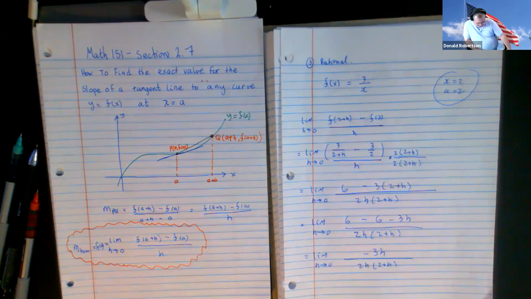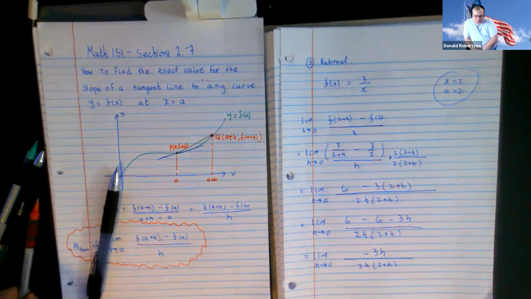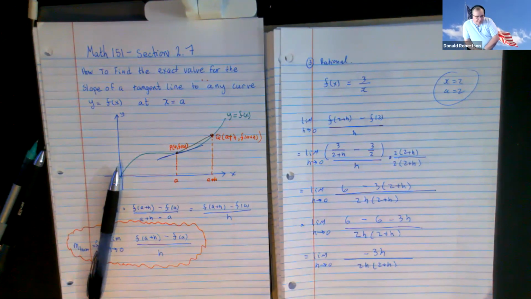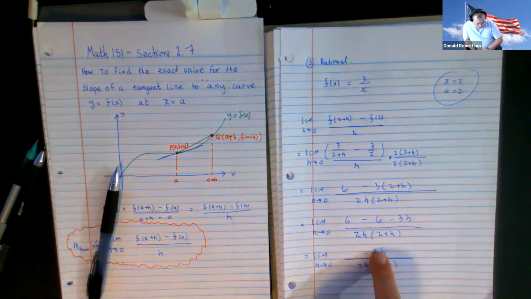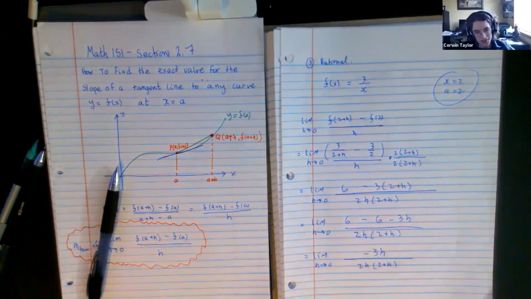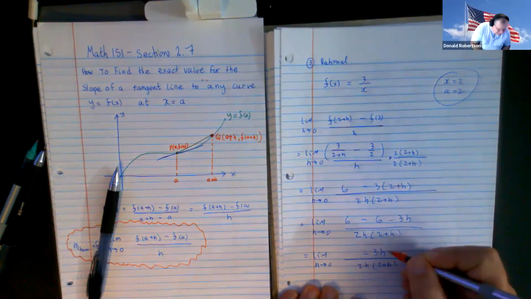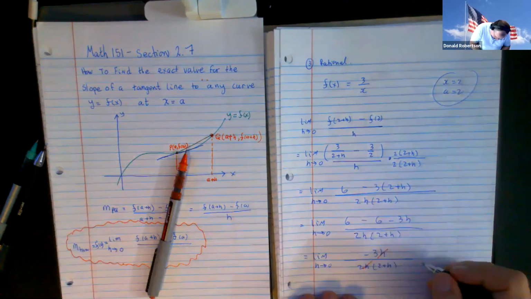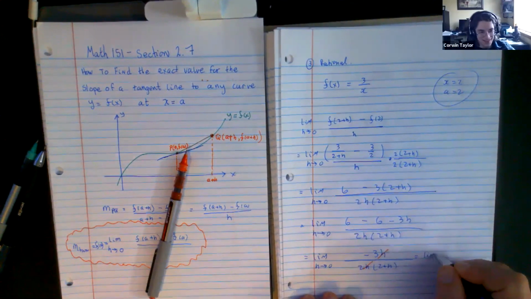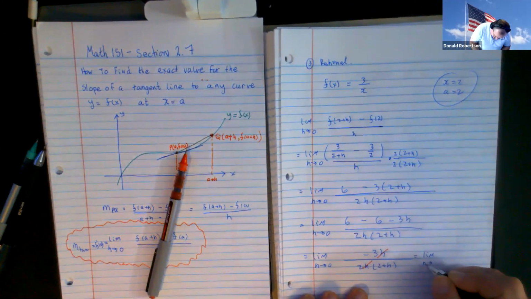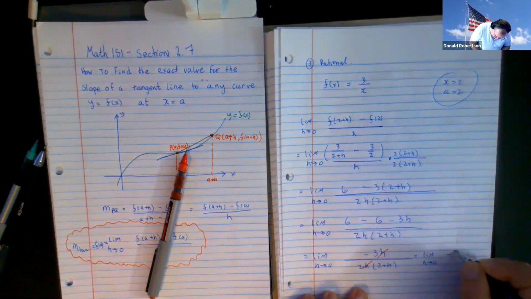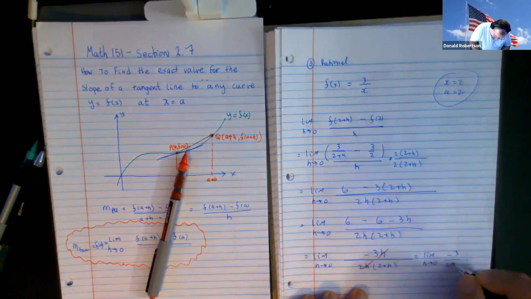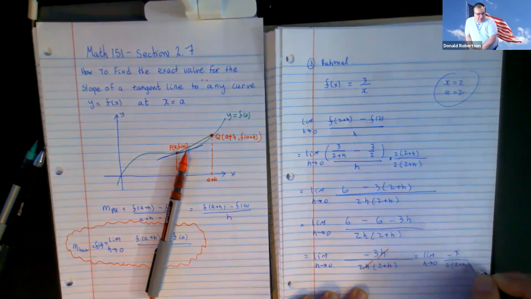What's going to happen next? Factor out that h. Well, cancel it out. Yeah, don't have to factor because it's already out. Yeah, I kind of knew what you meant. That's what's left, right?